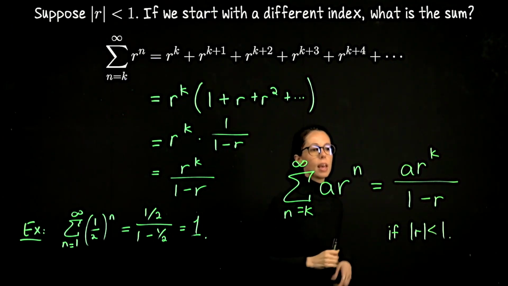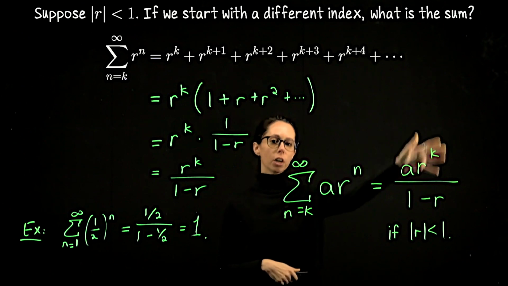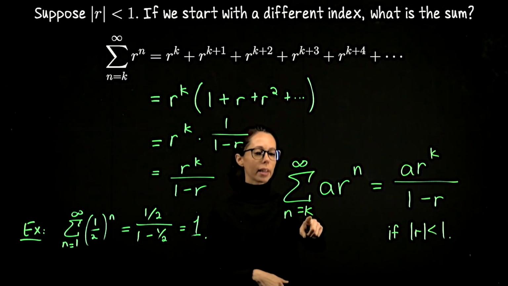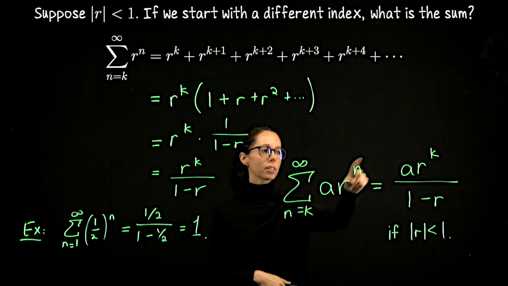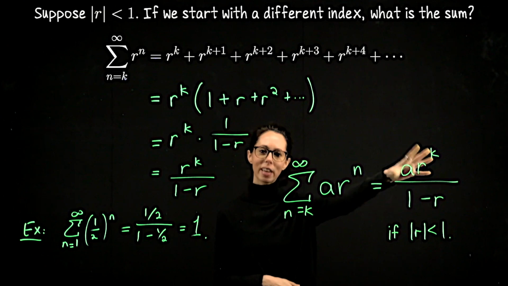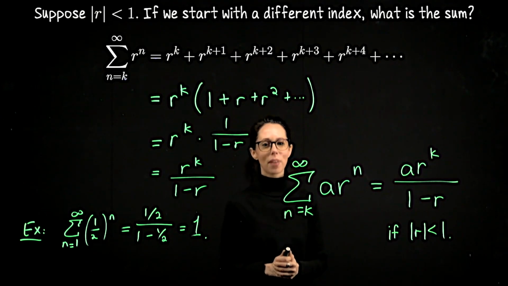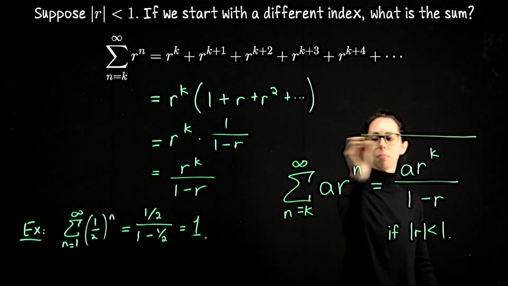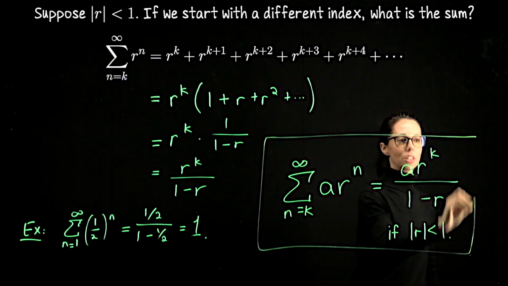I like to think of this as first term divided by 1 minus the ratio. So if you plug in the first term, you get a r to the k. If you start at 0, you just get a. Anyway, it's first term divided by 1 minus the ratio. This is the sum of a convergent geometric series.